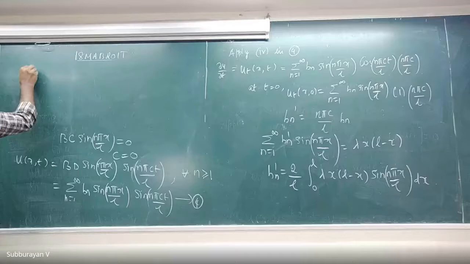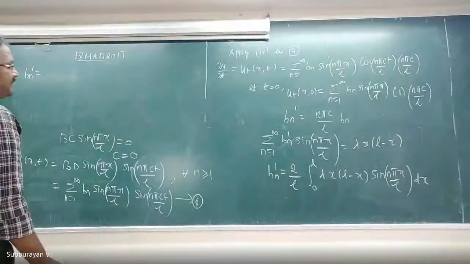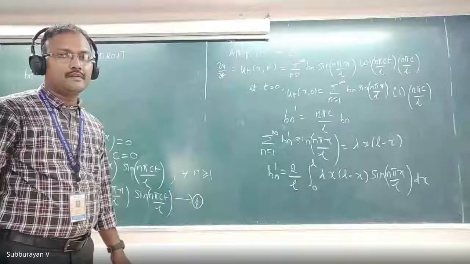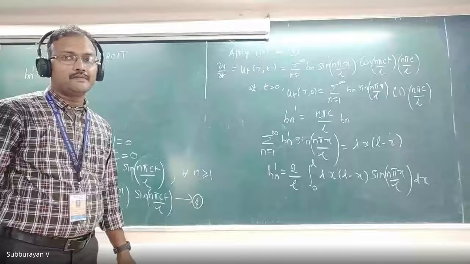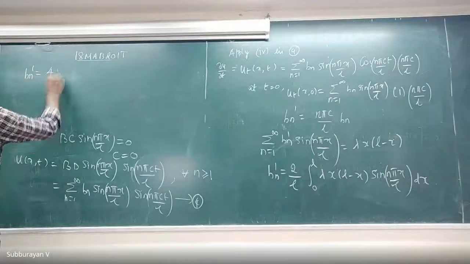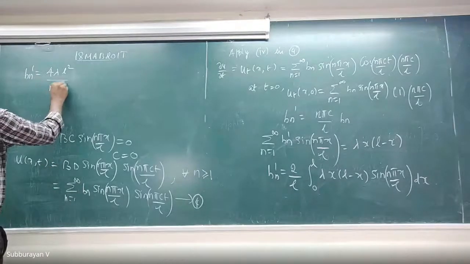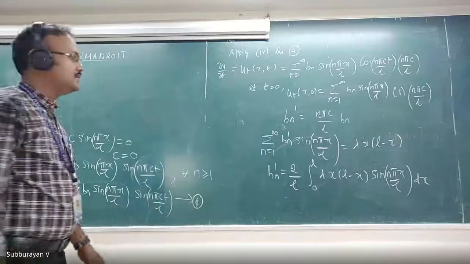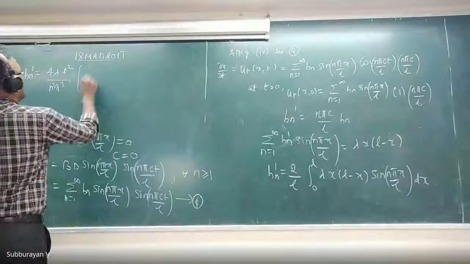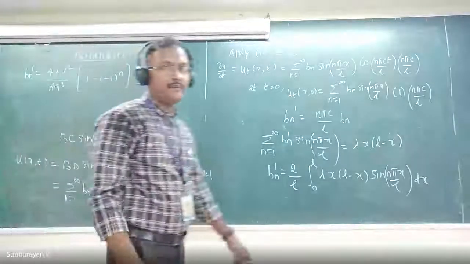Bn dash is 4 lambda L square divided by n cube pi cube into 1 minus of minus 1 whole power n. See, this is your Bn dash.